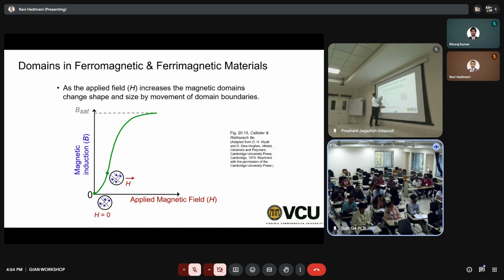At zero applied magnetic field, there's nothing. Even for ferromagnetic materials, if there is no magnetic field applied, they don't show any magnetization or B. Okay, so it's zero. As you start to apply a magnetic field, if it's a ferromagnet, the magnetization or B goes up rapidly, right? How does that happen?